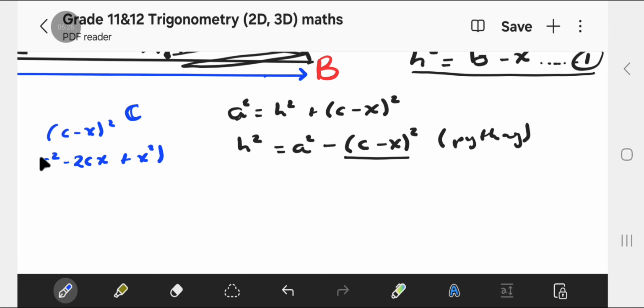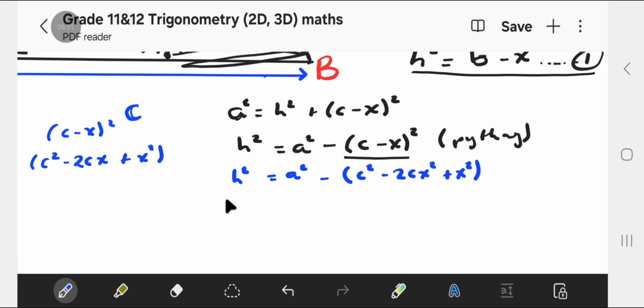So this is what is given by this bracket here. So let's just replace that. So our H squared now becomes our A squared minus C squared minus 2CX plus X squared, like that.